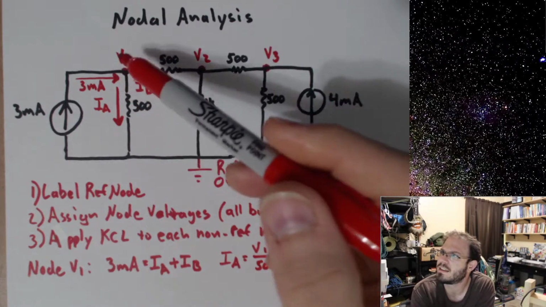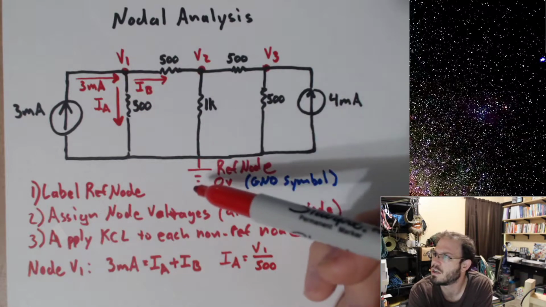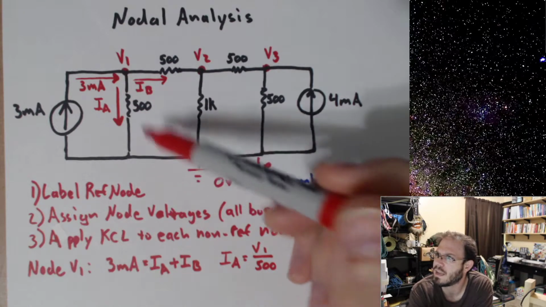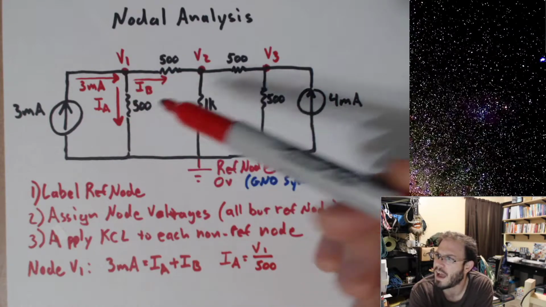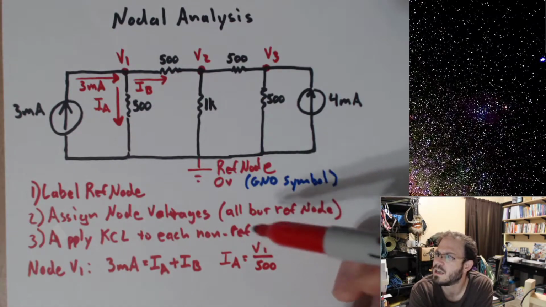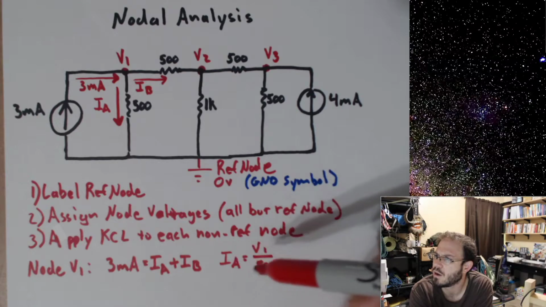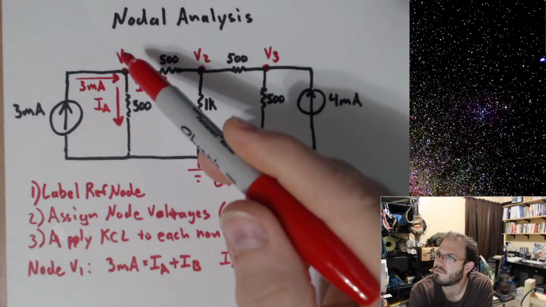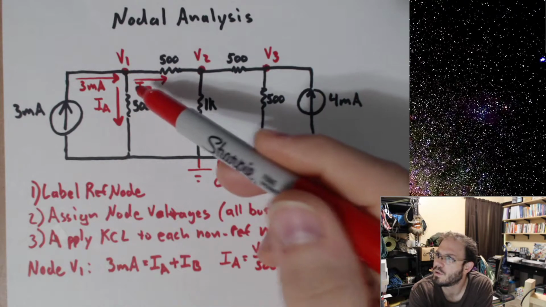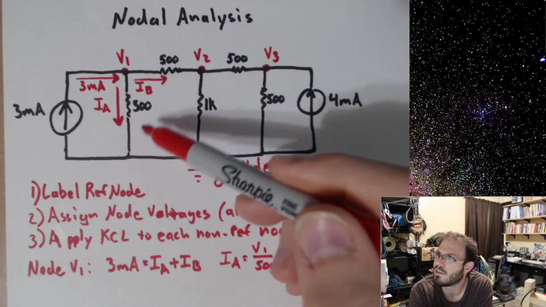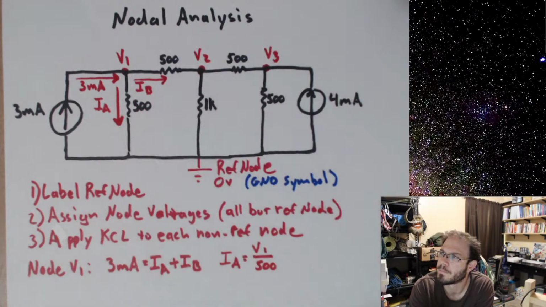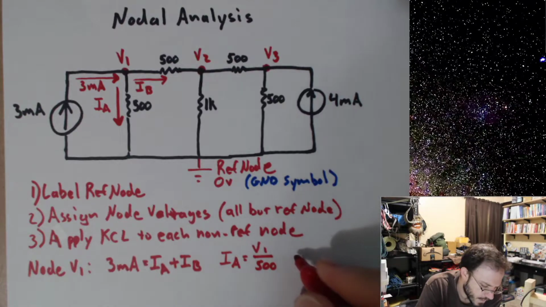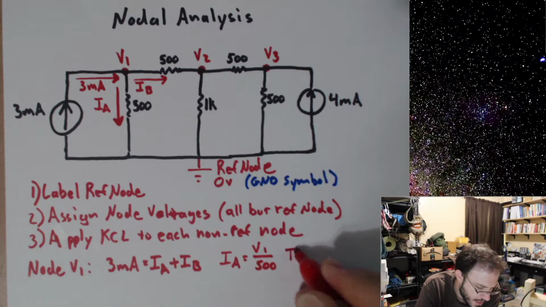I'm working off of the assumption that V1 is larger than 0 volts, and that's fine. I'm going to get a valid and correct equation for that current using Ohm's law if I say that V1 is the voltage drop across this 500 ohms. Let's do the same thing for IB.